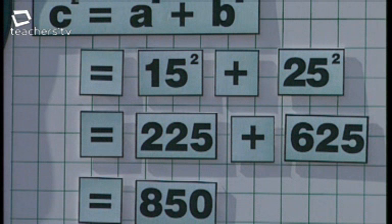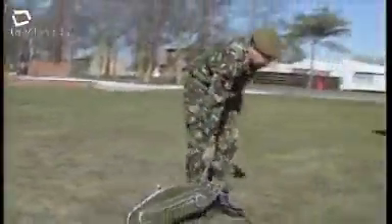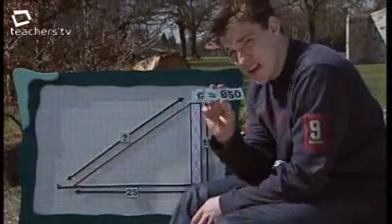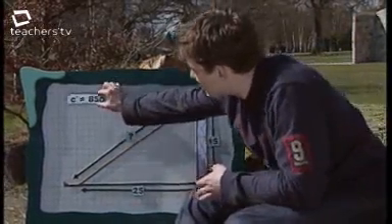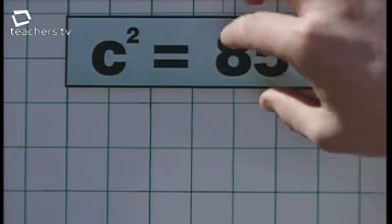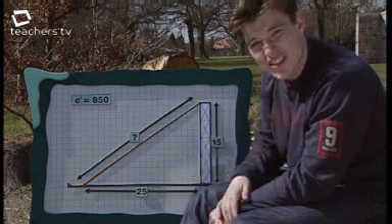But how do we find C? Well, you've got until the guys sort out the rope slide to work it out. What we do know is that C squared equals 850. Now, what we need to work out, though, is what C is.